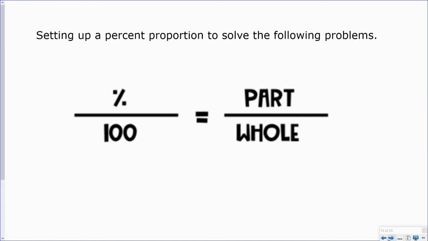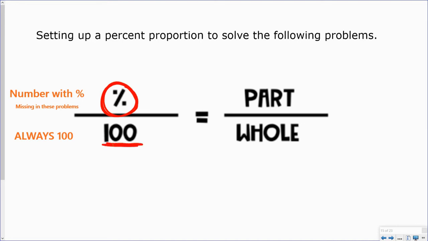A few things about the different parts of this proportion: the number with the percent sign is always going to go here, and in this case, it's going to be missing in these problems. The denominator underneath that percent number is always going to be 100. That's what represents the percent.